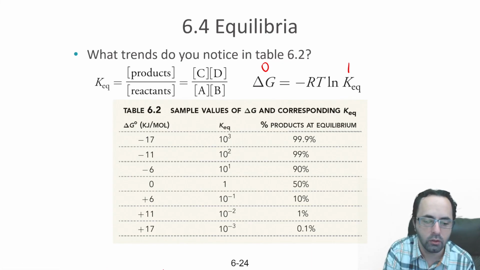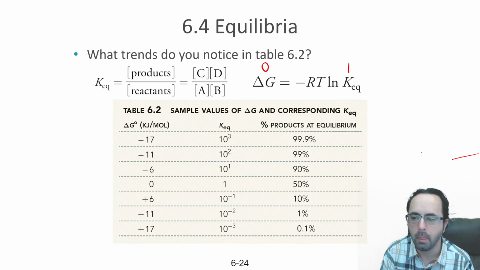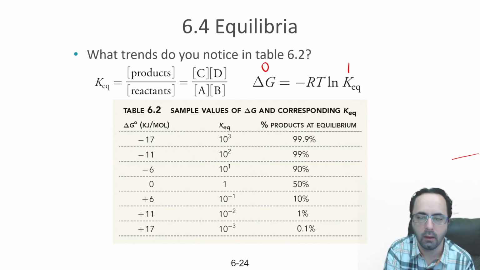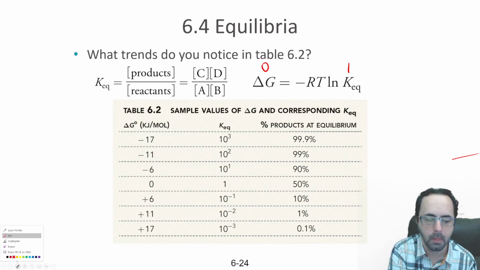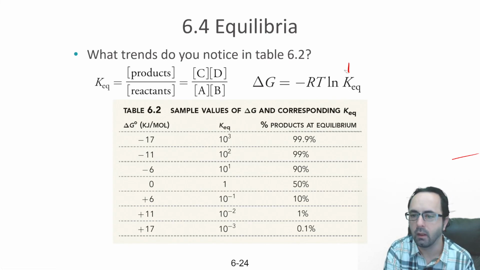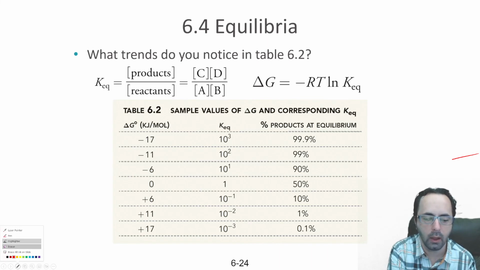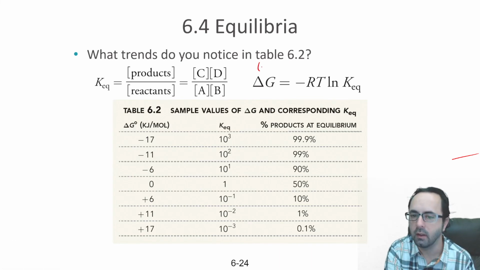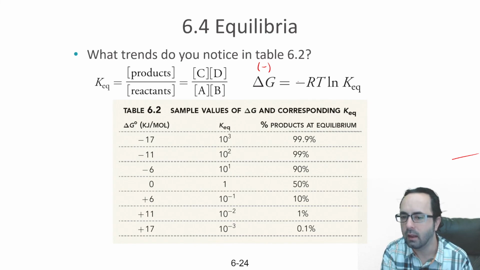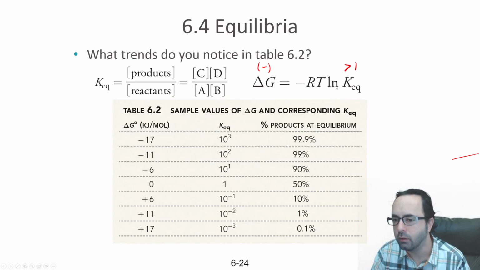If delta G is negative and we have a spontaneous reaction, what that means is that this must be negative, meaning the natural log of K must be positive. So K must be greater than 1, because the natural log of a number greater than 1 is positive. And so when delta G is negative, K is greater than 1. And that means you have more products than reactants at equilibrium.